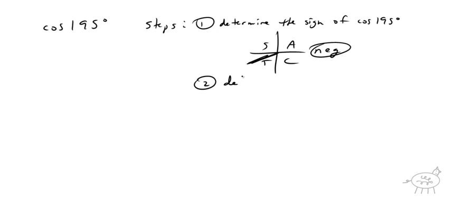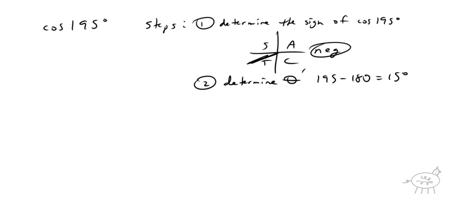The second step is determine your reference angle. Well, that's pretty easy. Remember, you're either subtracting 180 from it, or subtracting it from 180, or subtracting it from 360, or leaving it the same if it's in the first quadrant. So in this case we're in the third quadrant, so we're going to do 195 minus 180, which is 15 degrees.